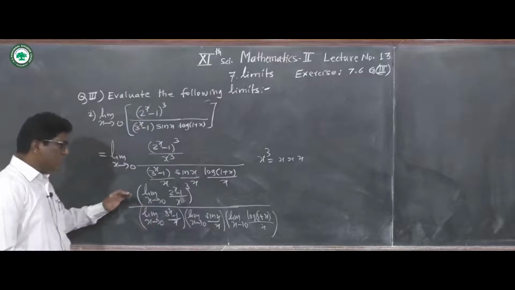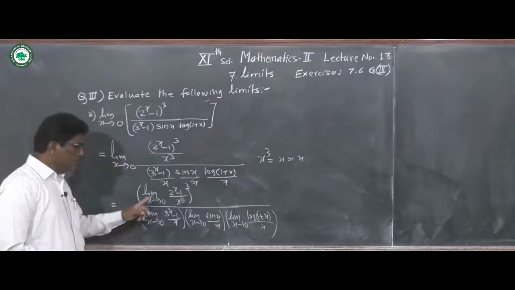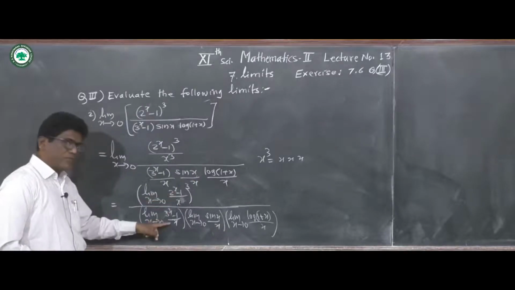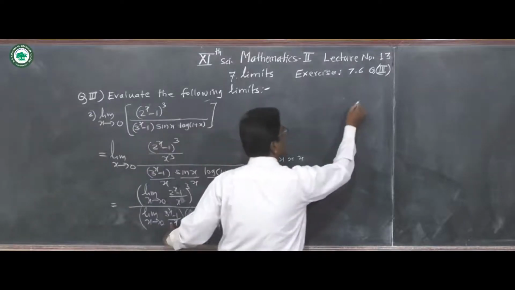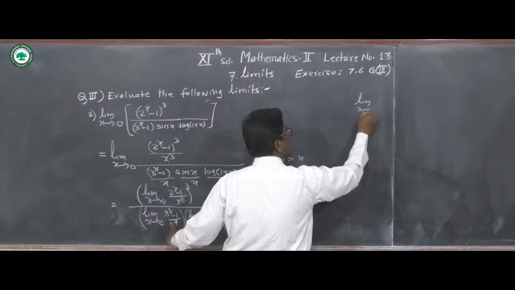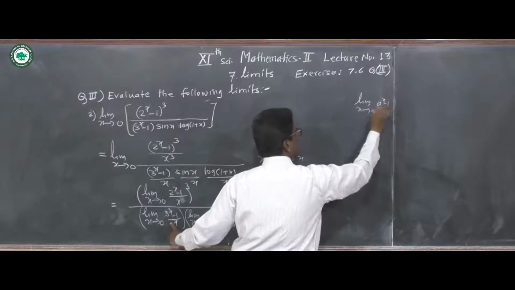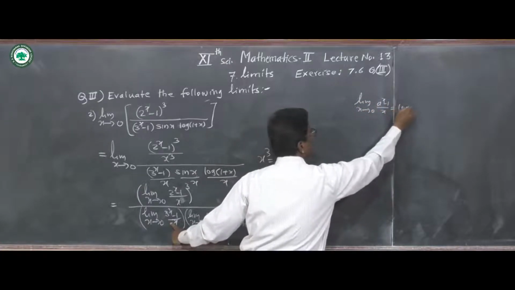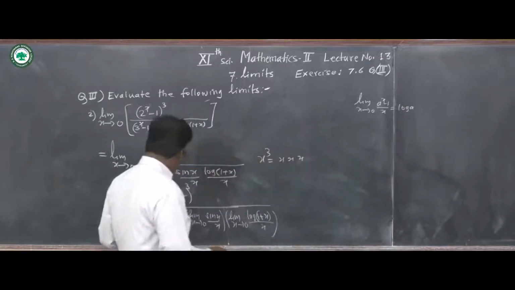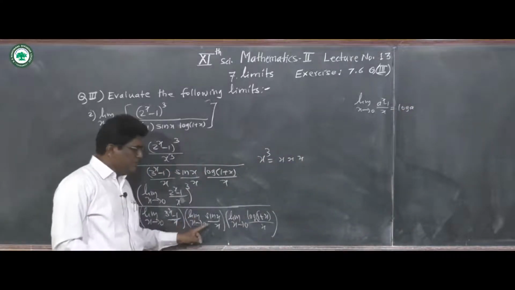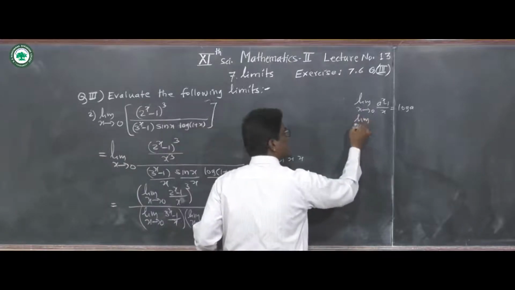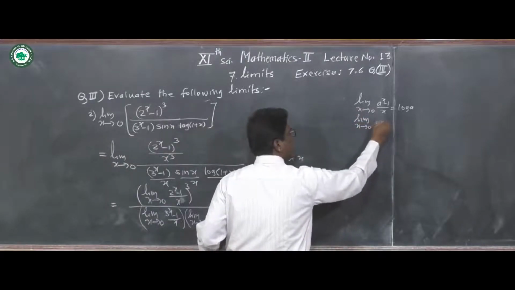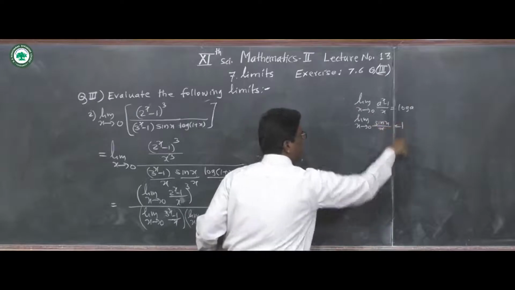Okay, and all are standard formulas. In the numerator we use limit x tends to 0, a to the power x minus 1 upon x, that is equal to log of a. We have seen this formula. Also in the denominator, limit x tends to 0, sin x upon x, is a standard formula, it is 1.